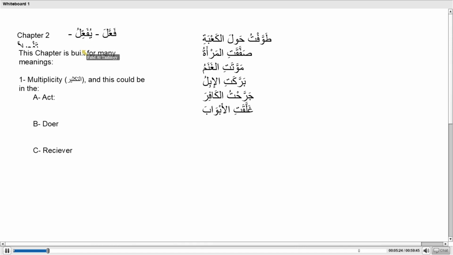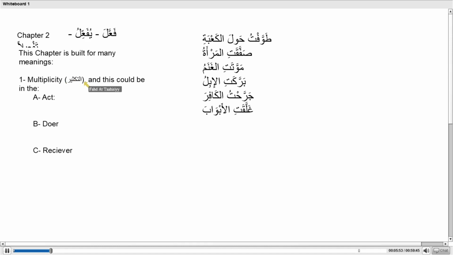طيب. So this chapter is built for many meanings, and of the meanings for which it is built is multiplicity, and multiplicity is at-takthir. At-takthir is called at-takthir in Arabic.